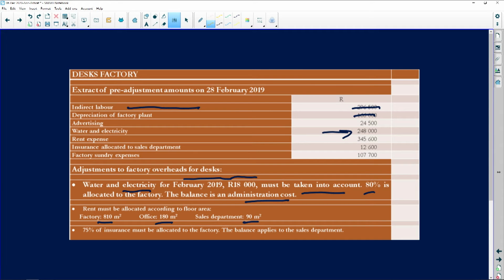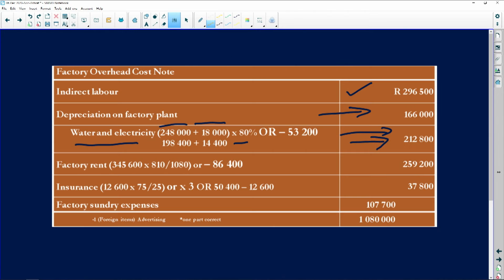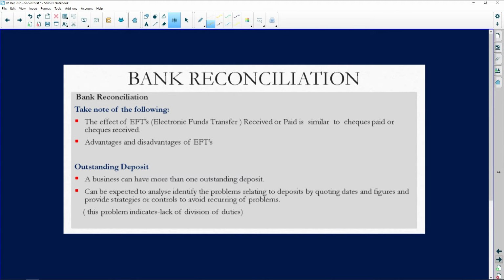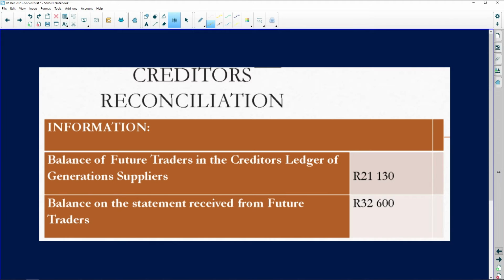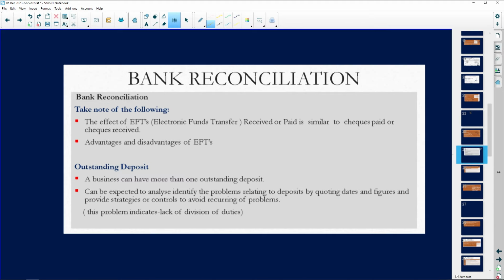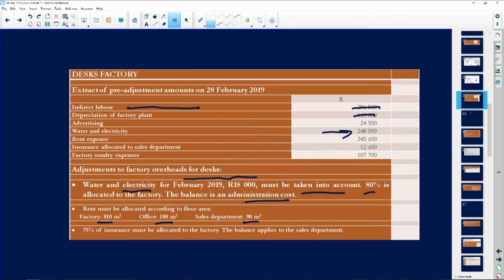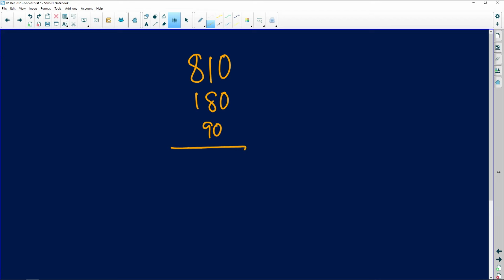Then you got your office at 180, and 90, I think it was, for the sales department. Add all of this up, it should give you 1080. Let's just check if that is correct.